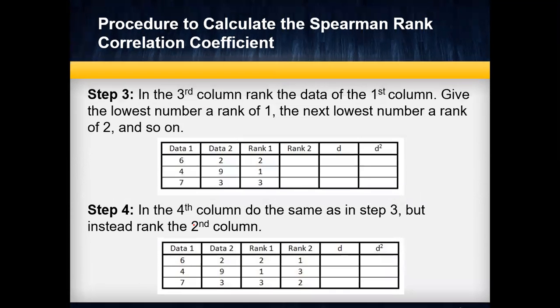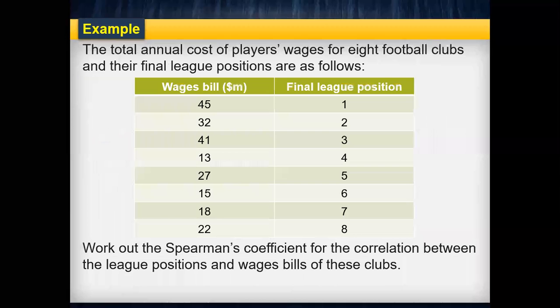Now we take a clearer example. Here we have the total annual cost of player wages for 8 football clubs, and their final league position given below. These are the wages of the players, and these are the teams' final league positions.